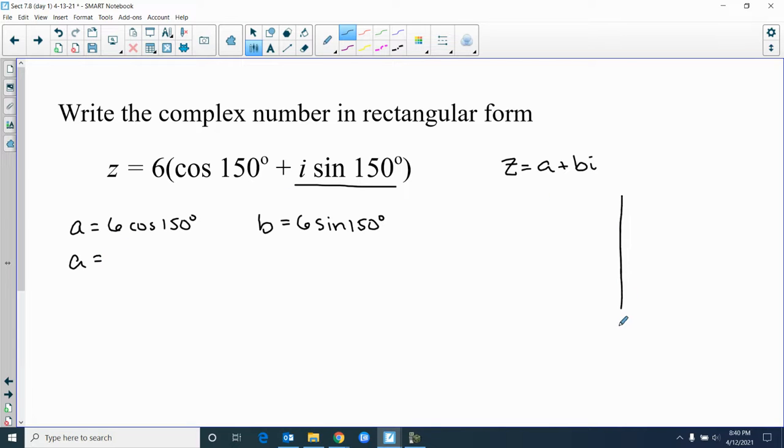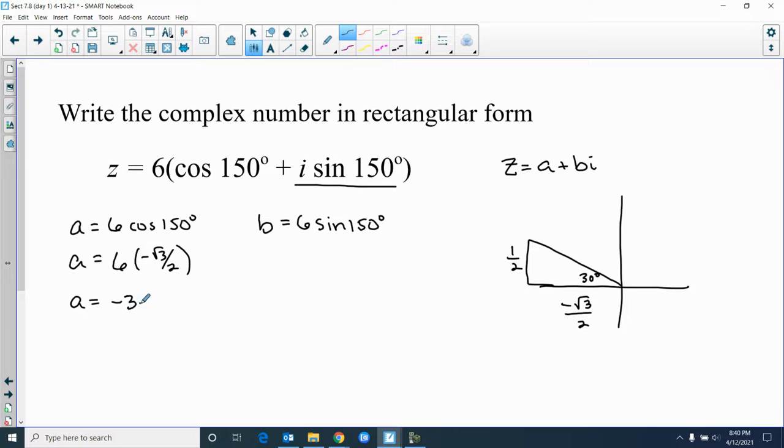All right, so if you remember our basics, if that's 150 degrees, the reference angle is 30. Cosine from that is 1/2, and we need to take into account that it'd be negative radical 3 over 2. So it's going to be 6 times negative square root of 3 over 2. 6 divided by 2 is 3. It's going to become negative 3 square root of 3. B is going to be 6 times 1/2 because that's the sine of 150.